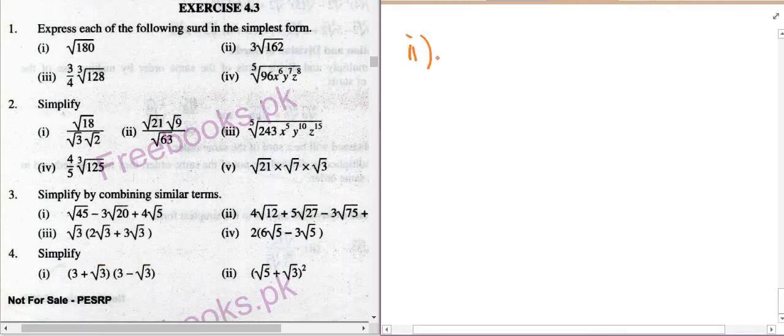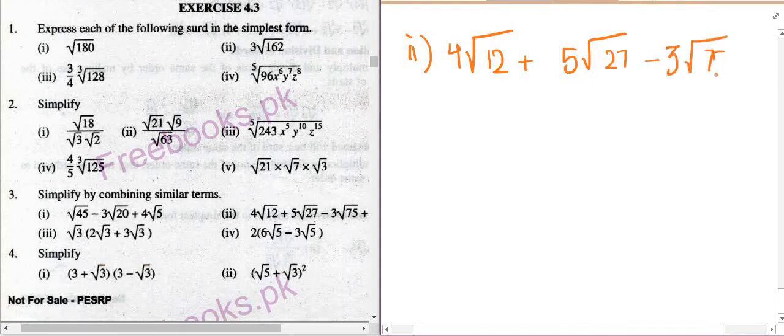Second, 4√12 + 5√27 − 3√75. Now think of the number by which all these are divisible: 12, 27 and 75.